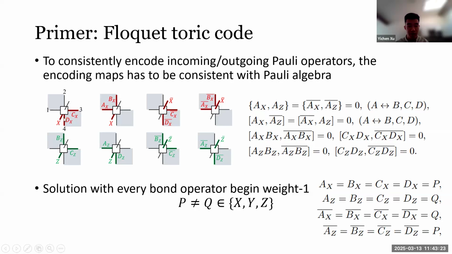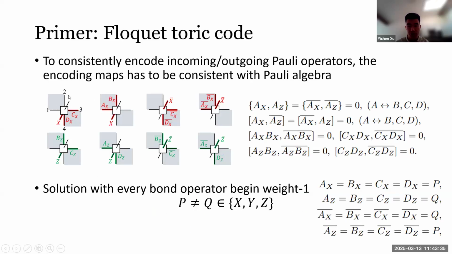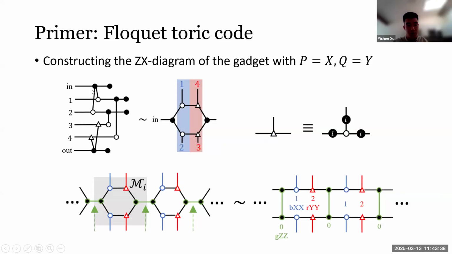So what you can do now is reproduce the ZX diagram of this gadget. That's what we're doing here. You have an incoming leg, you have an outgoing leg, and you have 1, 2, 3, 4, which are the 4 directions over here. There's an algorithm you can use, which is basically the proof of Gottesman-Knill, which tells you that any Clifford circuit can be simulated classically.